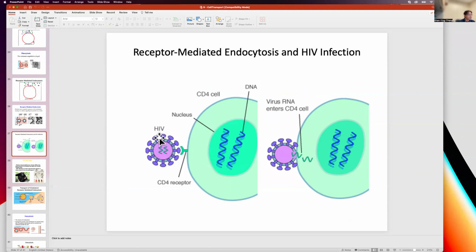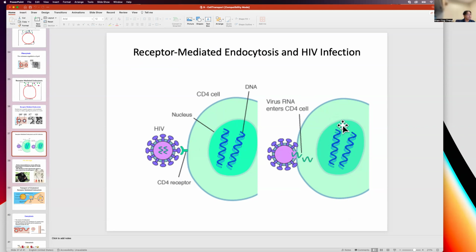So when the HIV virus goes into the body, it won't attack the brain, it won't attack the skin, it will only attack the T lymphocyte, because the T lymphocyte has the HIV receptor. When it binds with the HIV receptor, it will trigger receptor-mediated endocytosis. Now their DNA moves in and integrates with the lymphocyte's DNA.